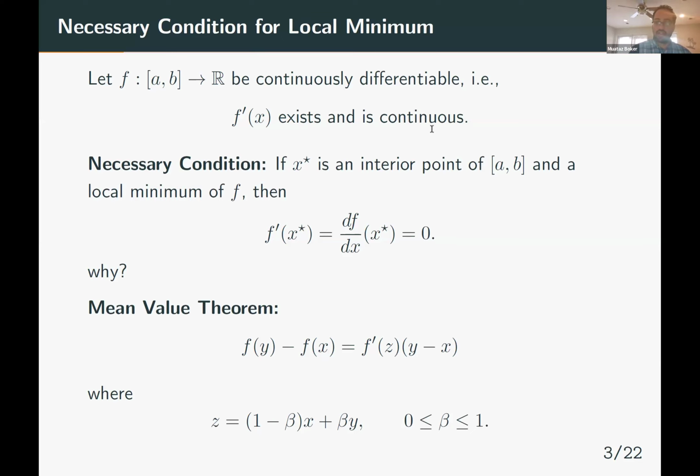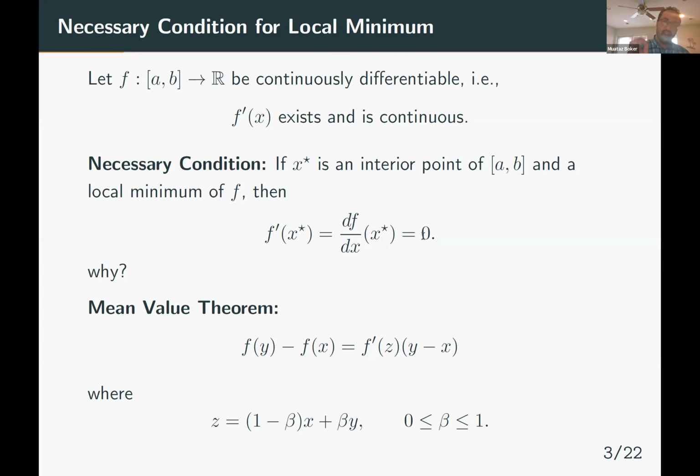Now, the necessary condition for a local minimum is that if x star is an interior point of the domain [a, b], and a local minimum of f, then the derivative of f when substituting x star, meaning df over dx at x star, is equal to 0.